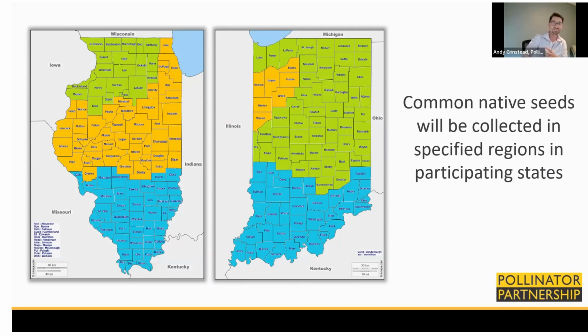For example, seed collected in northern Indiana from the yellow zone would be shipped to our partners at the DNR Mason State Nursery in Illinois, and then returned to a habitat enhancement project within the yellow zone in Indiana. And it's the same for Illinois. Seed collected in the southern Illinois blue zone would be returned to that same color zone.